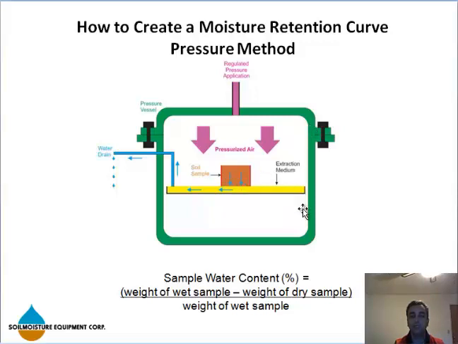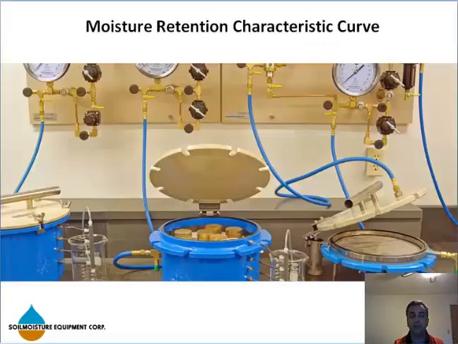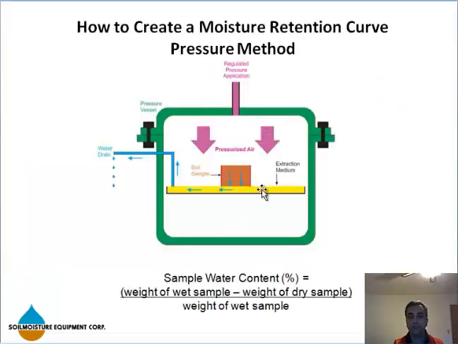You put it in a pressure extractor that we saw in the beauty picture. So this is a pressure extractor, and there's a ceramic plate, actually up to 4 ceramic plates can be placed in our regular extractors.